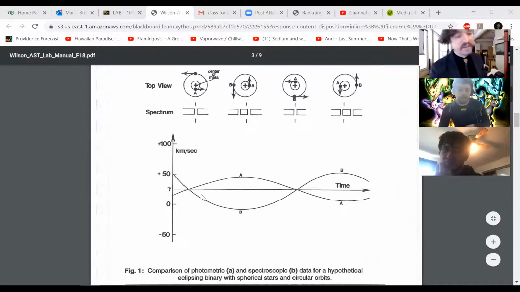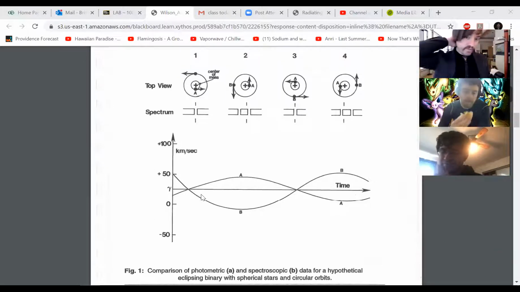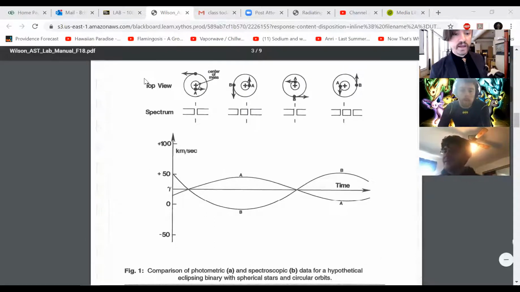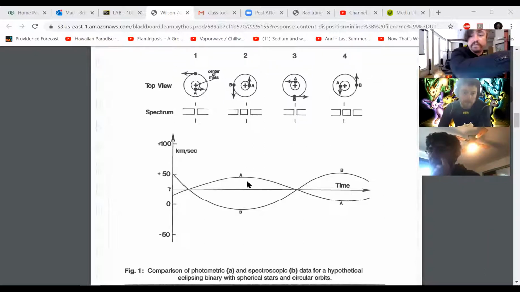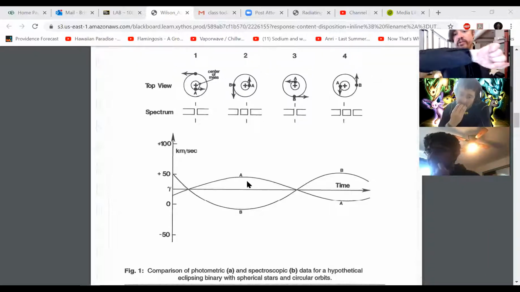If you measure the velocities at all of the different points, the velocity in configuration 1, configuration 2, 3, 4, you can produce something called a radial velocity curve. Usually you define positive red shifts as away from the observer on Earth, and blue shifts are negative towards the observer on Earth.